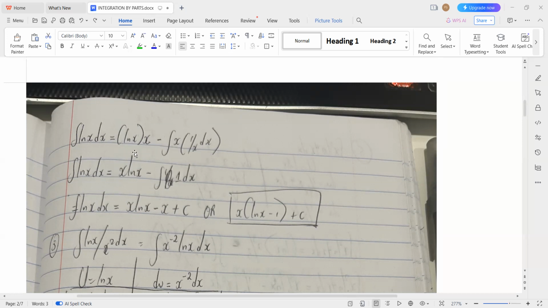Now, so you have x ln x minus integral of 1 dx, and the integral of 1 dx is x, which is why we have x here, and we have x natural log of x, or plus c. Or you can say x is common to this and this, so you can just bring one x out, so you have x open bracket natural log of x minus 1 close bracket plus c.